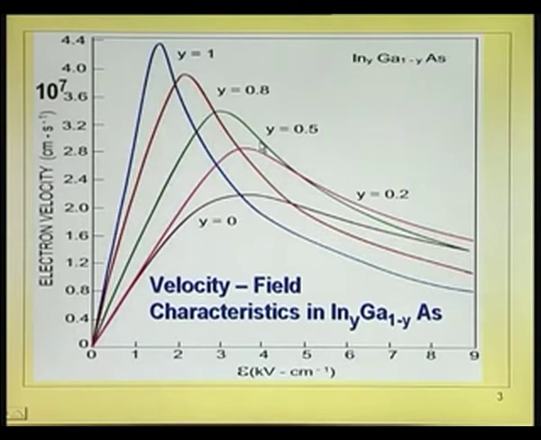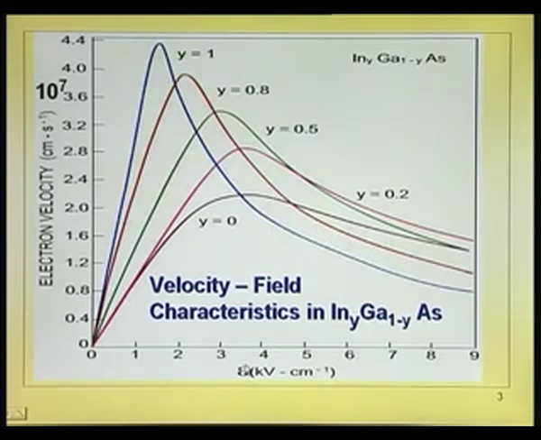I am just focusing, okay, y equals 0 is gallium arsenide. You can see the velocity field characteristic is like this, peaking around 2 into 10 to the power 7 centimeter per second, around 3 kV, or 3.2 kV per centimeter. Then it saturates almost, goes down to about 10 to the power 7.